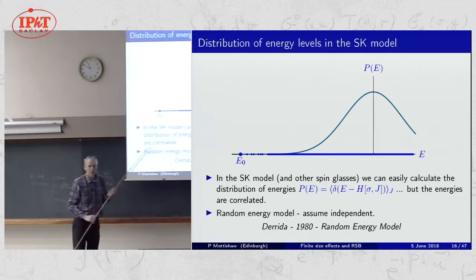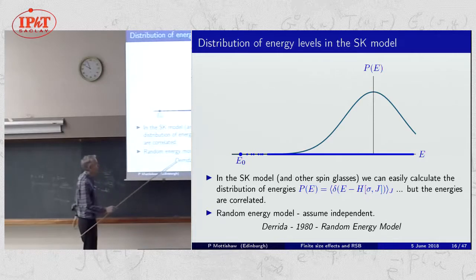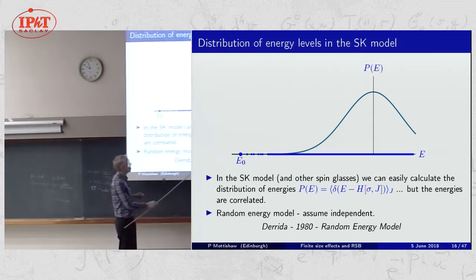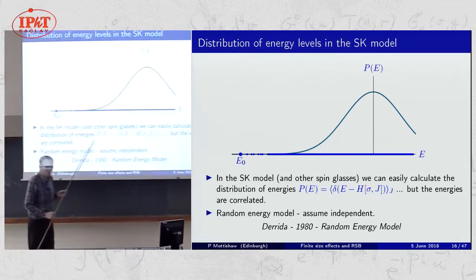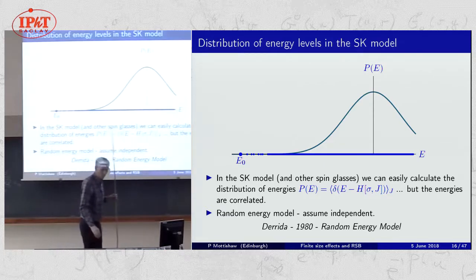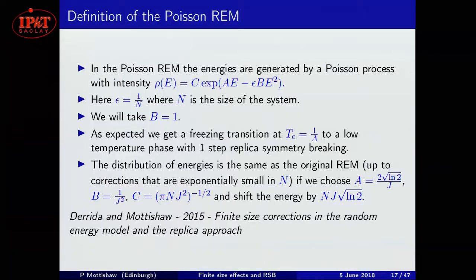Obviously, for something like an SK model, these are strongly correlated. And Derrida made the interesting assumption that we just take these as independent random variables, and you get something called the random energy model, which displays many of the interesting features of much more complex spin glasses.